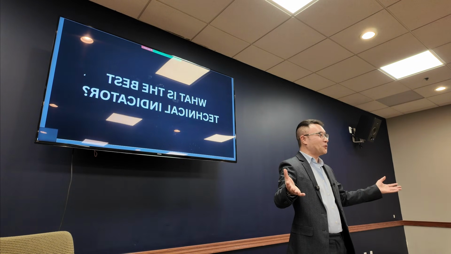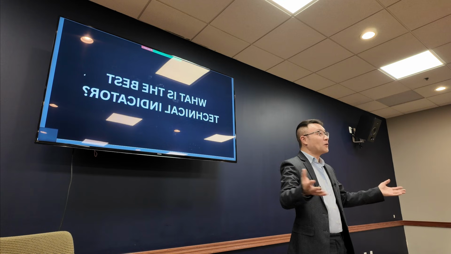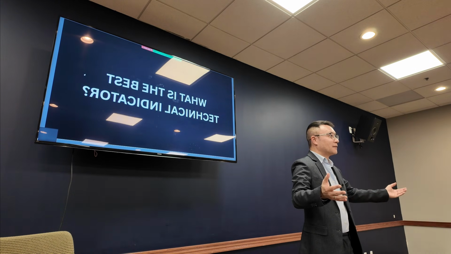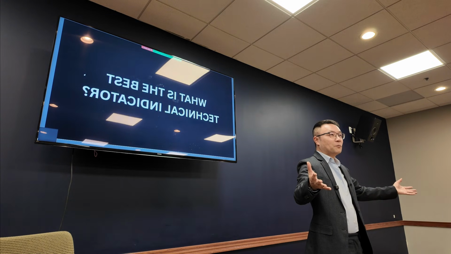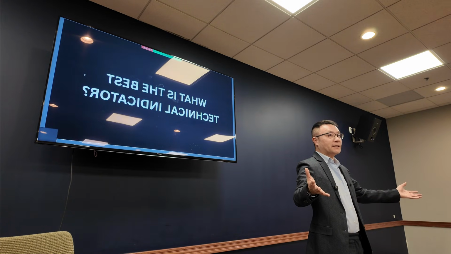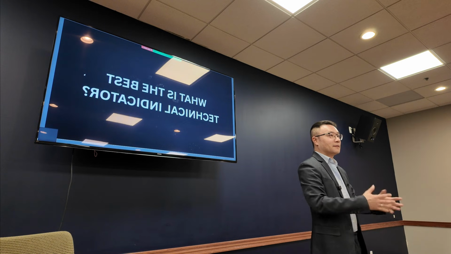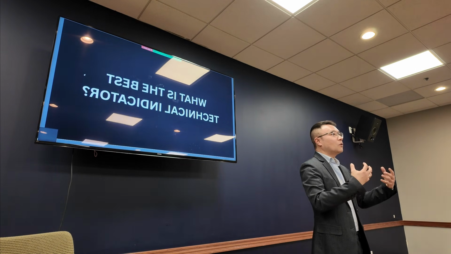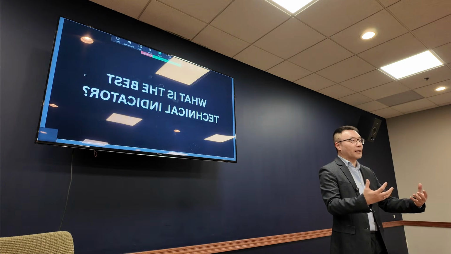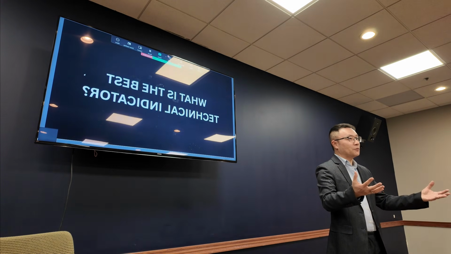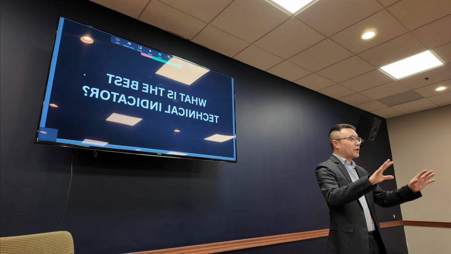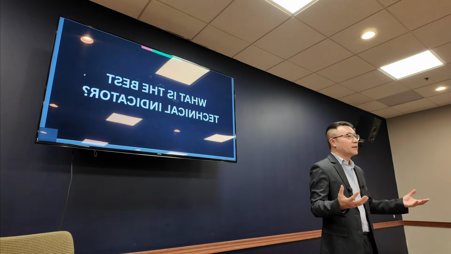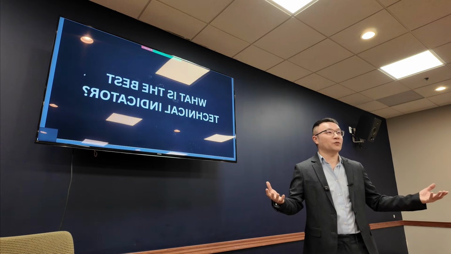Checking volume, confirmation. But why is price the best indicator? It's a representative of behavior. I'm not here to dispute anyone who uses a lot of indicators, but they're just visual representations of price, which is easier for us to see.